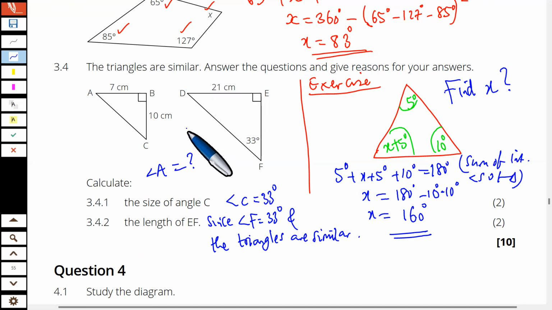Not really. Find angle D. What do you think angle D is? This one here? Calculate angle D first, and then we shall do the corrections.